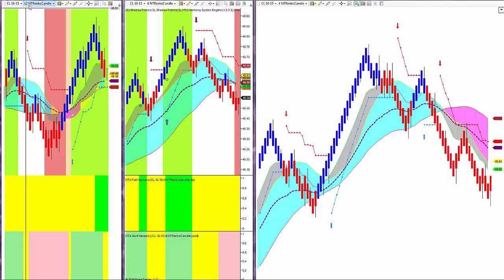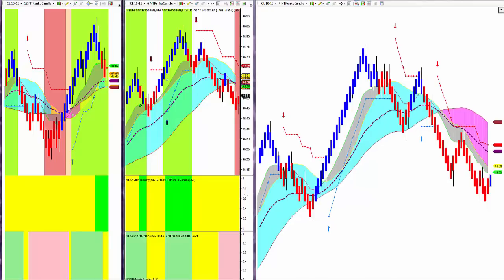The 12 NT, we have a three-way alignment in that, so that tells me the long conditions still exist, but there's conflict between it and the 6 NT Renko. That gives me a pause, and I'm going to sit here and wait for better price action.